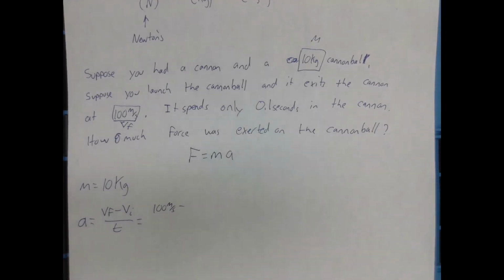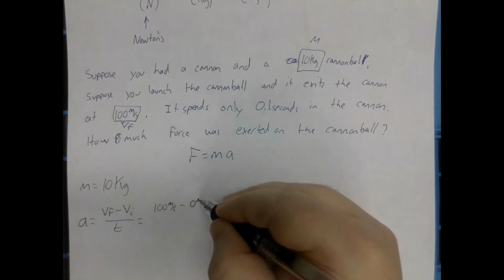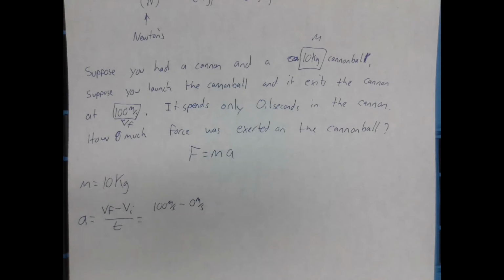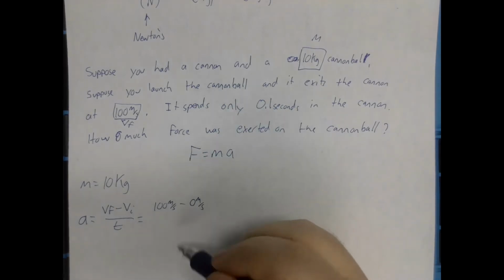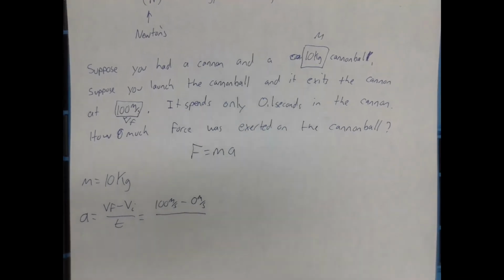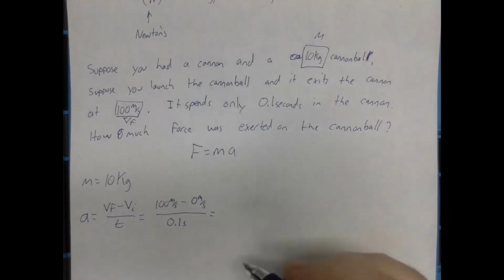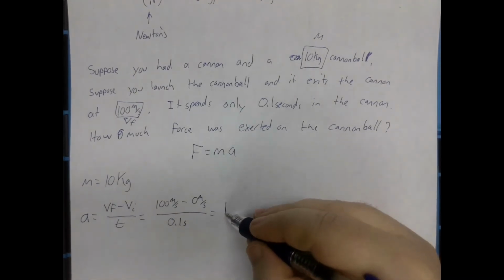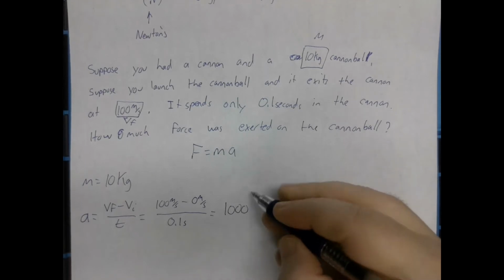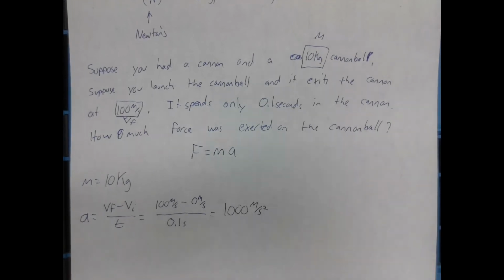Before you fire the cannonball, how fast is it moving? 0. Before you launch it, it's not moving inside the cannon. So our initial velocity is 0. And how long was it in the cannon? 0.1 seconds. So its acceleration is 1,000 meters per second squared.